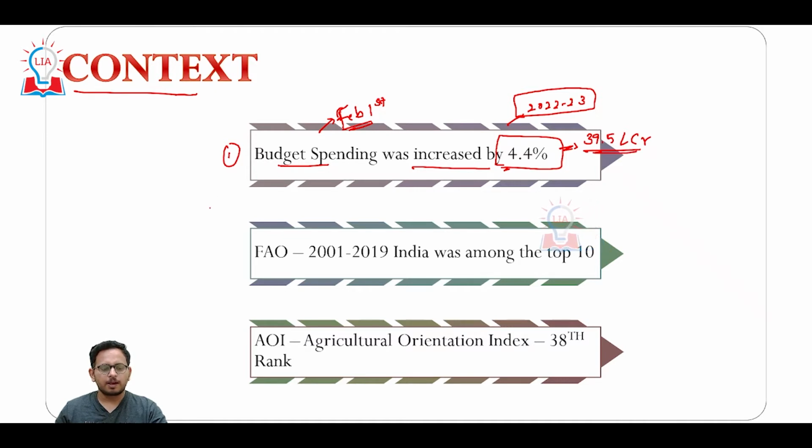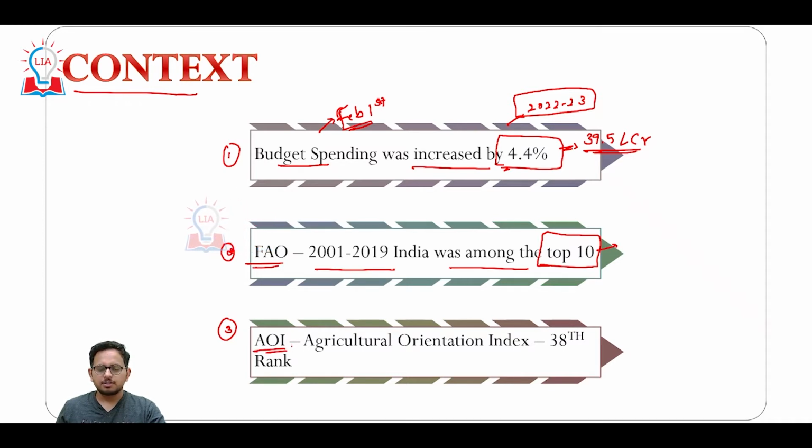Next, the Food and Agriculture Organization said that between 2001 and 2019, India was among the top 10 countries which spent more on agriculture. This is the data given in today's Hindu newspaper.